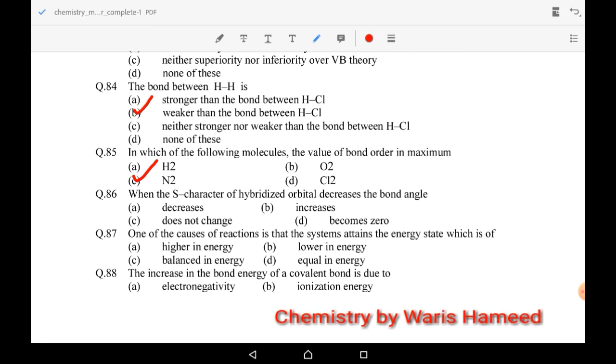When the S character of hybridized orbital decreases, the bond angle decreases. If S character increases, the bond angle increases. One of the causes of reaction is that the system attains an energy state which is lower in energy.